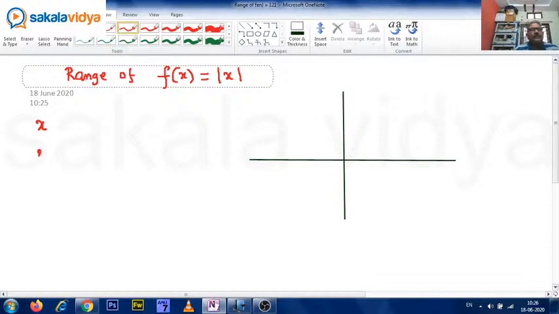X, say y equals f of x. Minus 3, 3. Minus 2, 2. Minus 1, mod of minus 1 is 1. 0, 0. 1, 1. 2, 2. 3, 3.